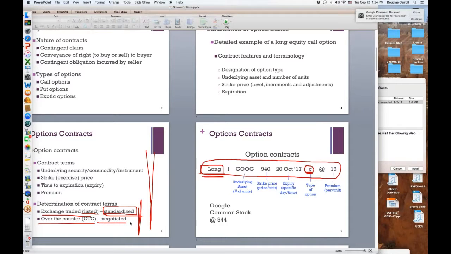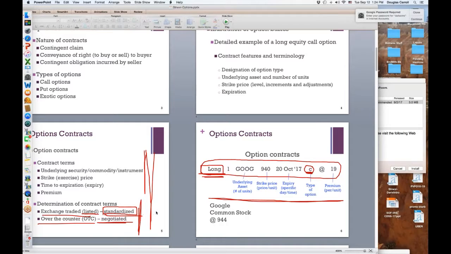On the other hand, in the over-the-counter market, the buyer and seller negotiate all the terms. So not only do they determine the price at which they'll trade the option, but they'll decide the number of units of the underlying, the strike price, the expiration date. Those are the contract terms we're going to talk about in detail as we go through the Google option on the next slide.